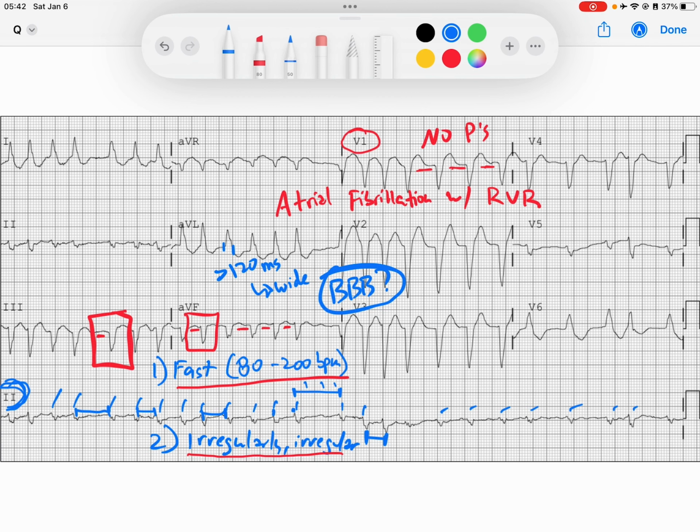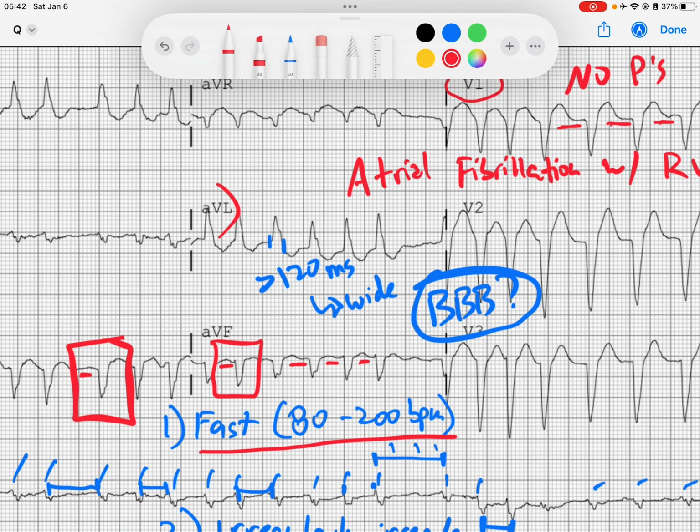We know that left bundle branch blocks would have an RS, R prime in the lateral leads. When I take a look at my lateral limb leads, 1 and AVL, what I notice is I've got these wide positive waves that are kind of this RS, and then you can almost see a little R prime at the end, kind of right there.